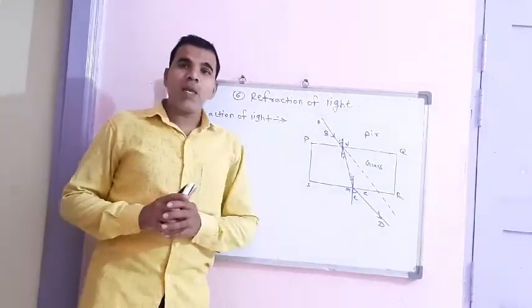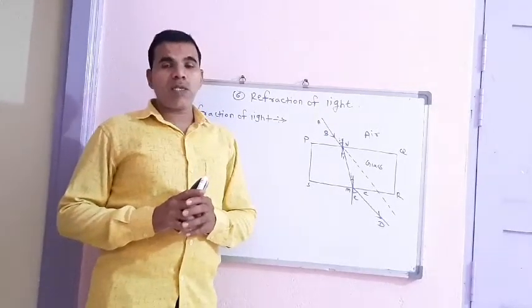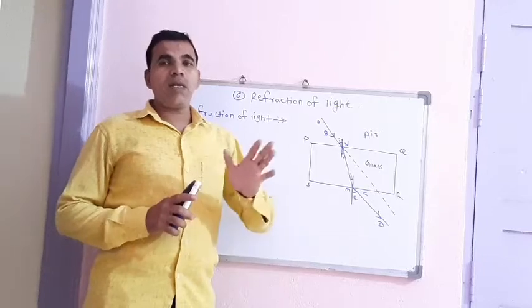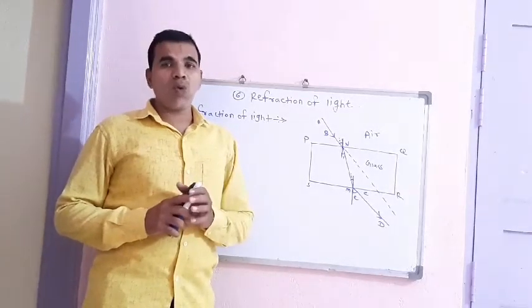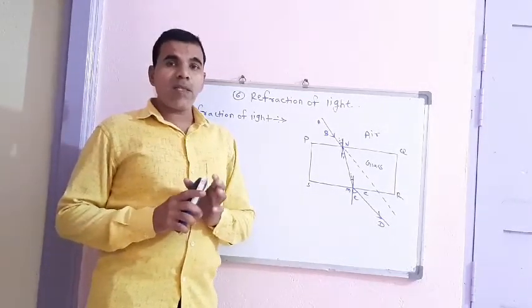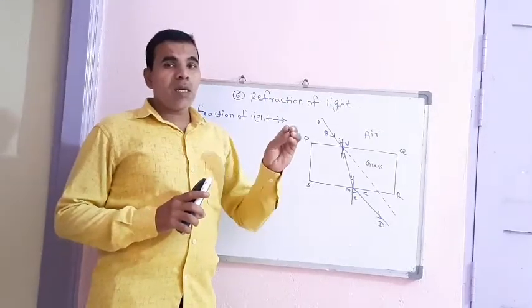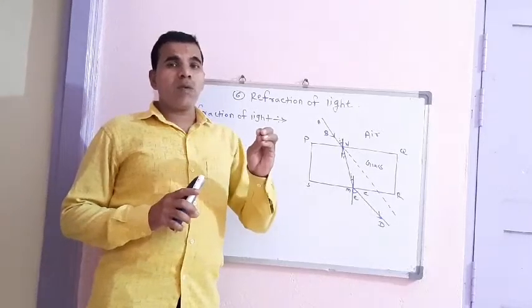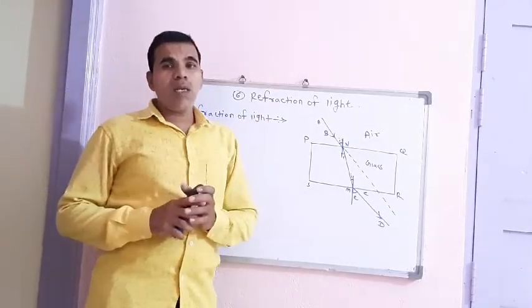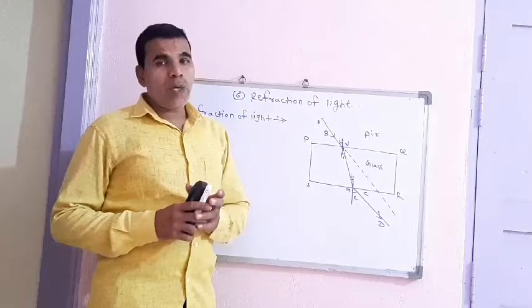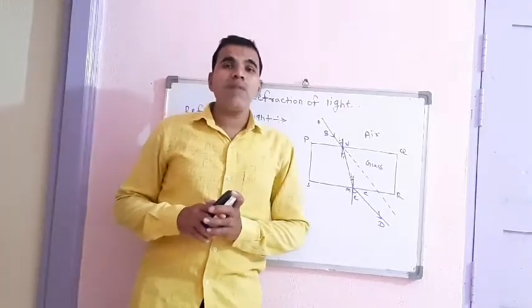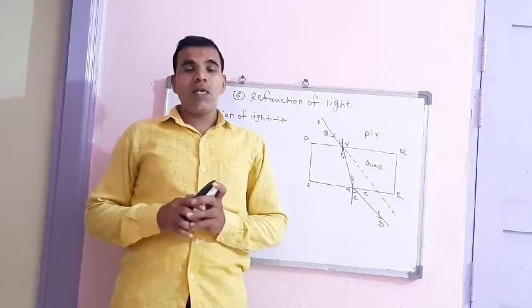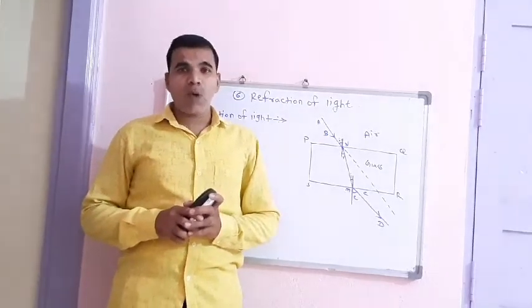Now we know that when light travels in a straight line, if any opaque object comes in the path of light, then we get the shadow of the object. We know that there are an infinite number of light rays obtained from the sun.